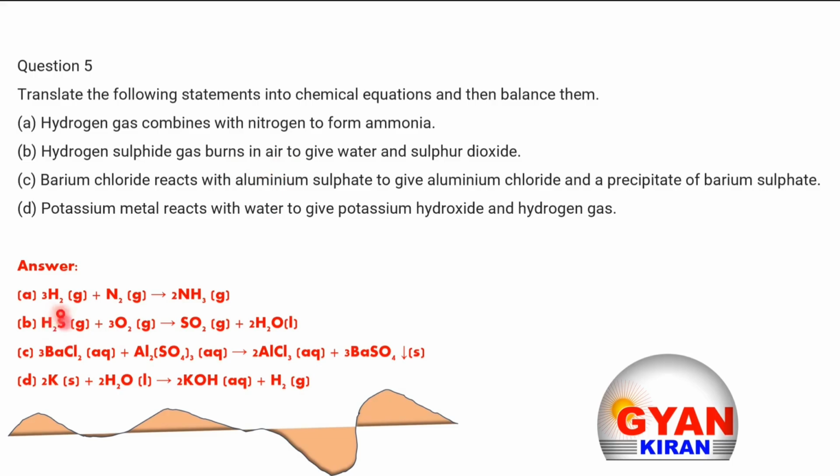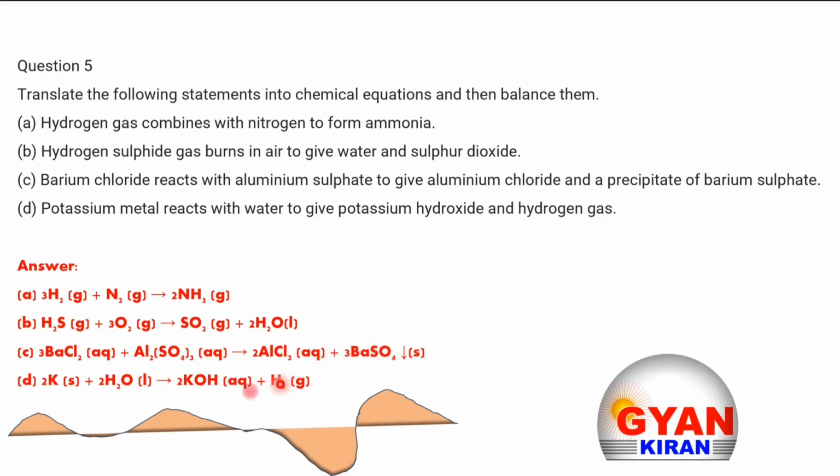Here hydrogen sulfide reacts with oxygen, that is air, and gives rise to the formation of water and sulfur dioxide. Then the third one is barium chloride reacts with aluminum sulfate. Here the barium chloride reacts with aluminum sulfate and results in the formation of aluminum chloride and a precipitate, that is barium sulfate.